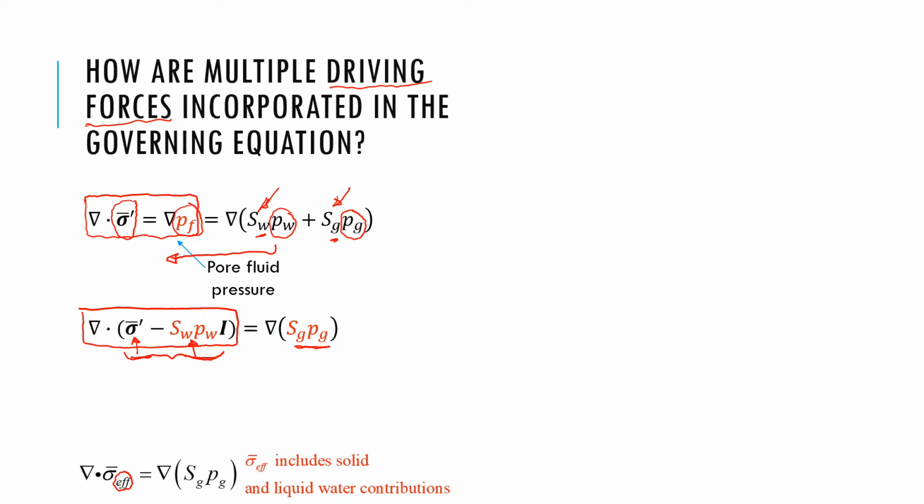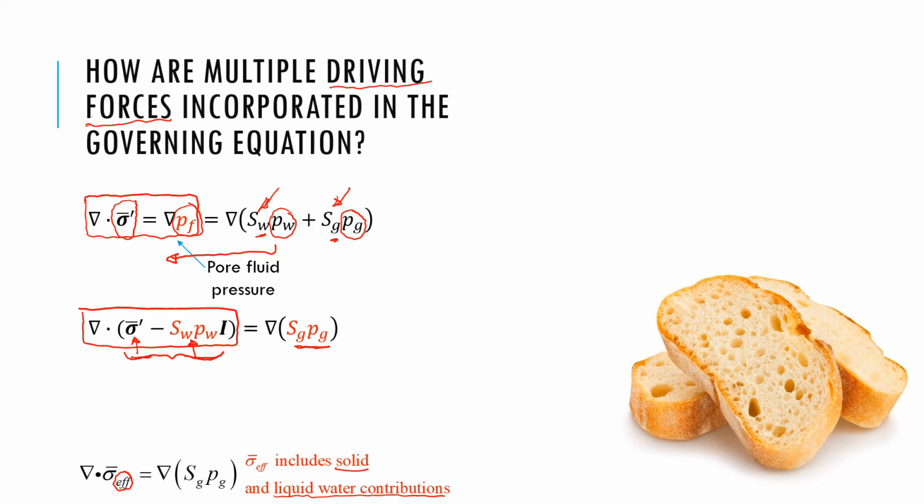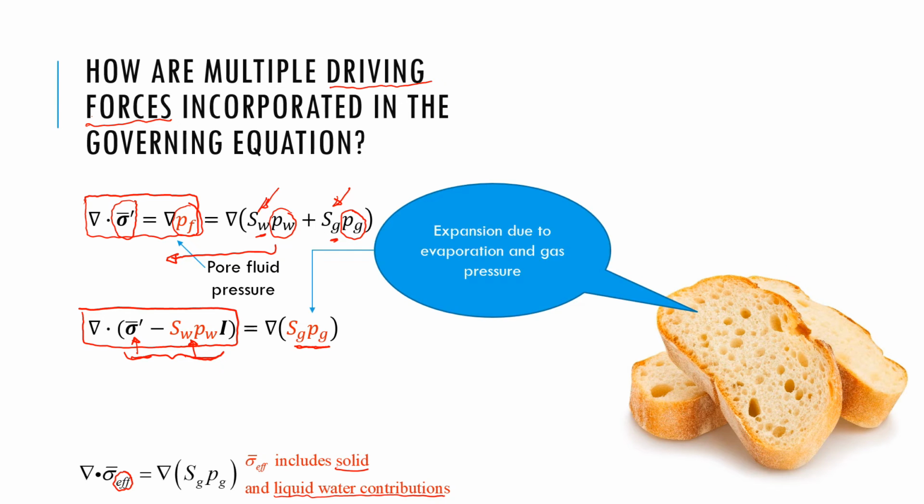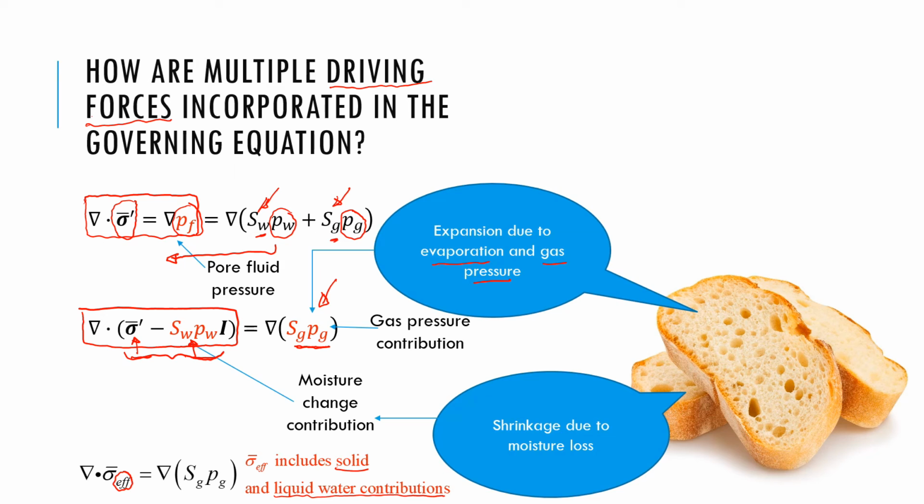And on the right hand side, the gas pressure is the driving force. So this sigma effective includes solid and liquid water contributions, again just repeating what I said earlier. If I think of bread baking, then the expansion due to evaporation and gas pressure is going to be included here, whereas the shrinkage due to moisture loss, that's the moisture change contribution, is going to be included here.